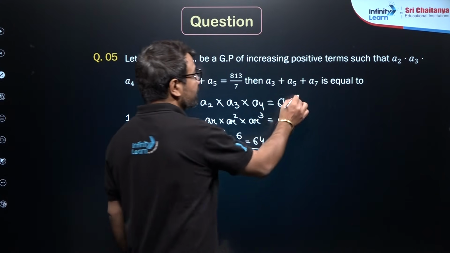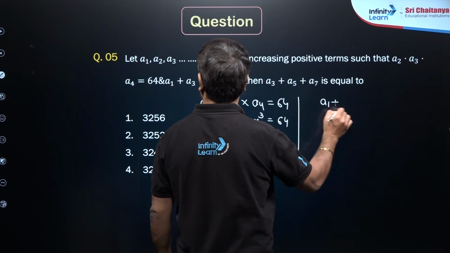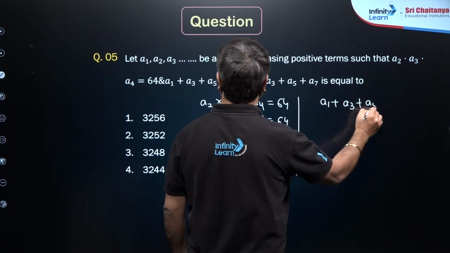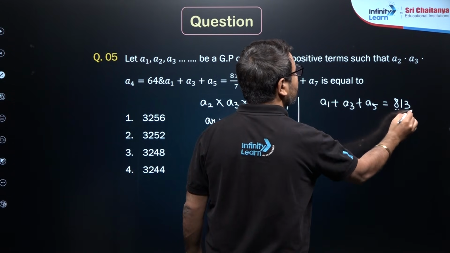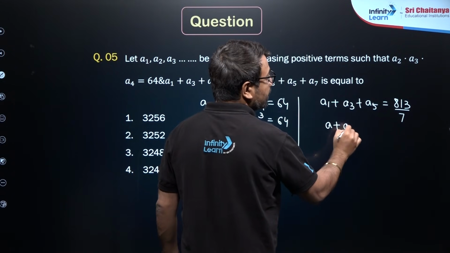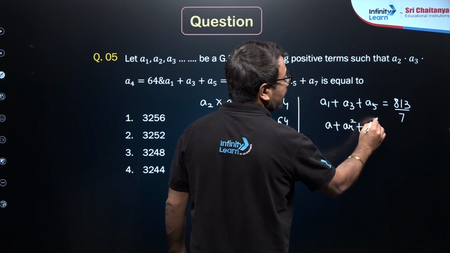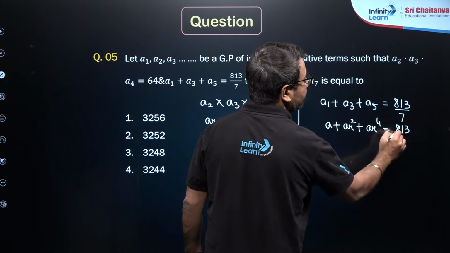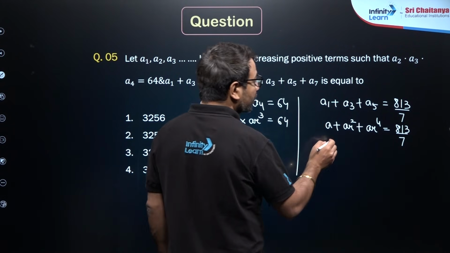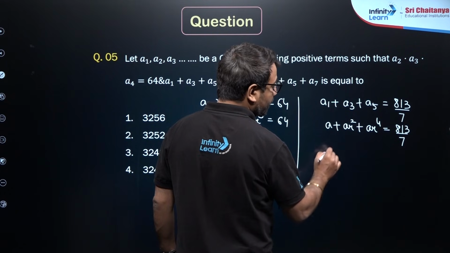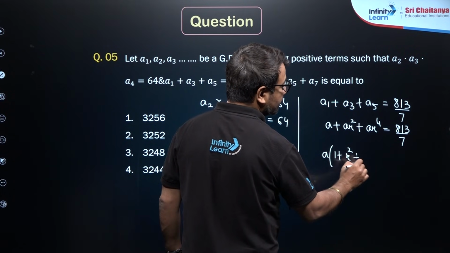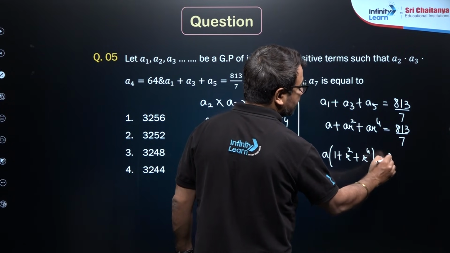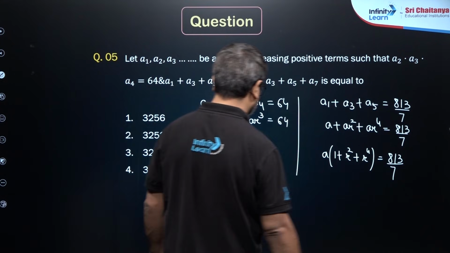Again, my dear students, I have A1 plus A3 plus A5 value, which is 813 over 7. A plus AR square plus AR power 4 is 813 over 7. So if you take this A common, you will be left with 1 plus R square plus R power 4 is equal to 813 over 7.